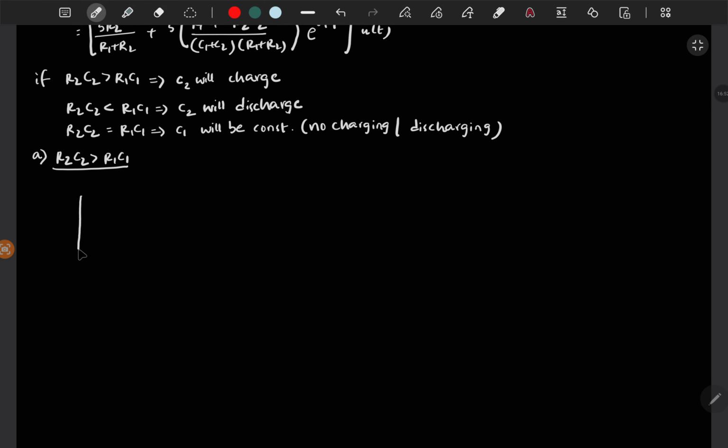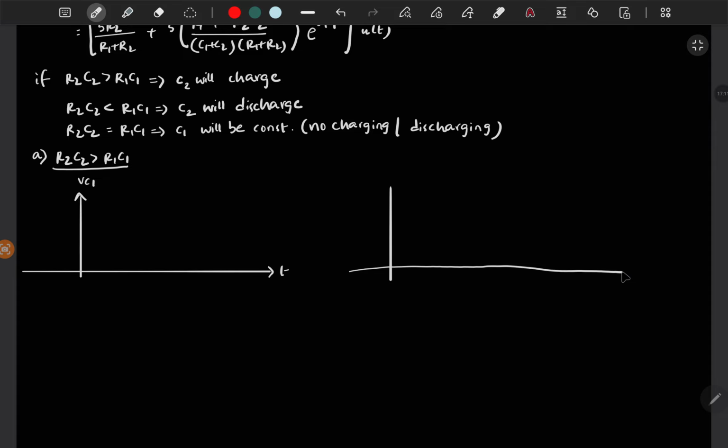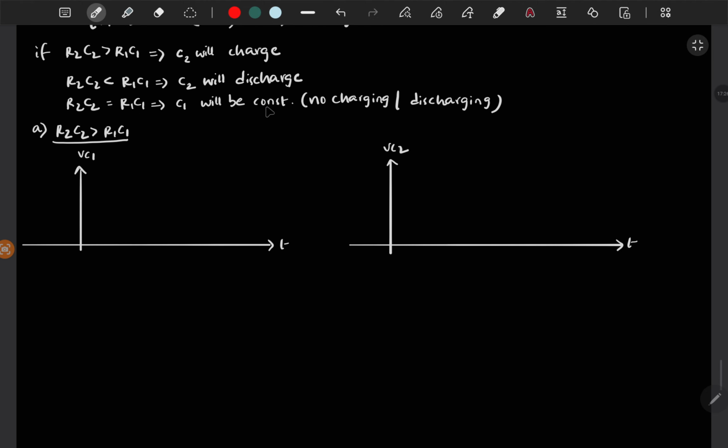If you draw Vc1 and Vc2 with respect to time, then C2 will charge and C1 will discharge, right?